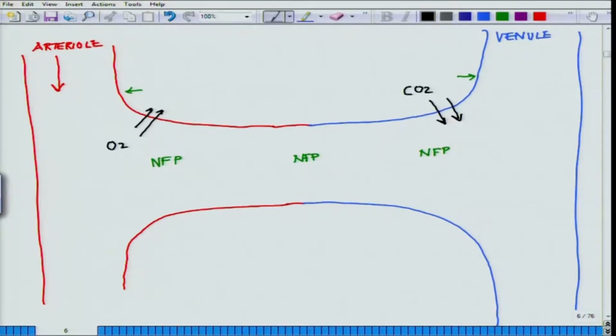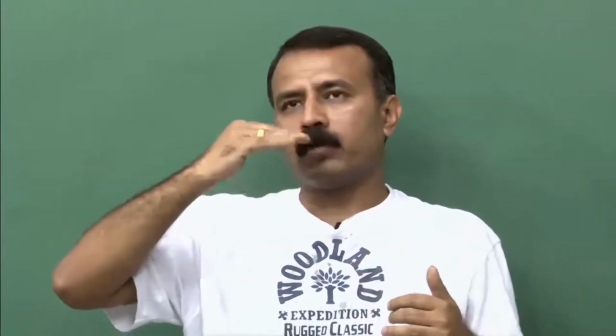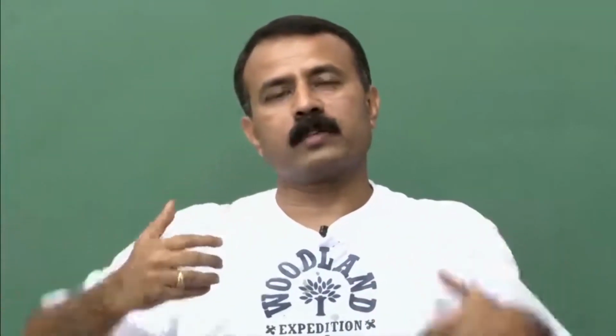So, how does it do so? Before we understand this, we have to realize the capillary hydrostatic pressure. I have already talked to you about hydrostatic pressure. If you remember, in the U tube, I showed you that you give an equal and opposite pressure against the osmotic pressure, that is the hydrostatic pressure.